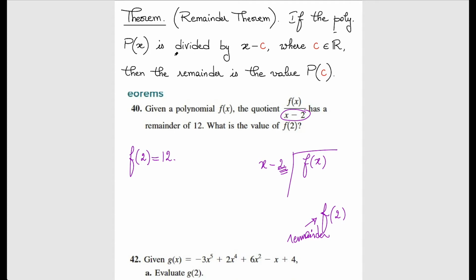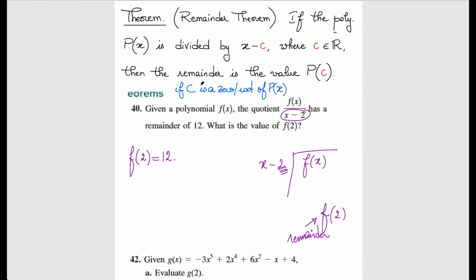If the polynomial p of x is divided by x minus c, where c is a real number, then the remainder is the value p of c. Correct? So what if I tell you that if c is a 0 or a root of p of x, what can you conclude?